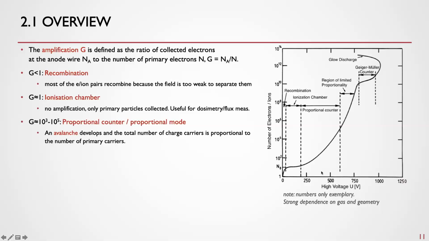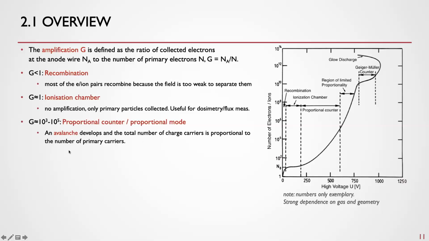If you increase the voltage by a constant amount, the zone where an avalanche can develop increases by a constant length interval, and that will allow you to take one more step in the avalanche, and hence a constant factor on the gain, and hence we have an exponential growth with the voltage.